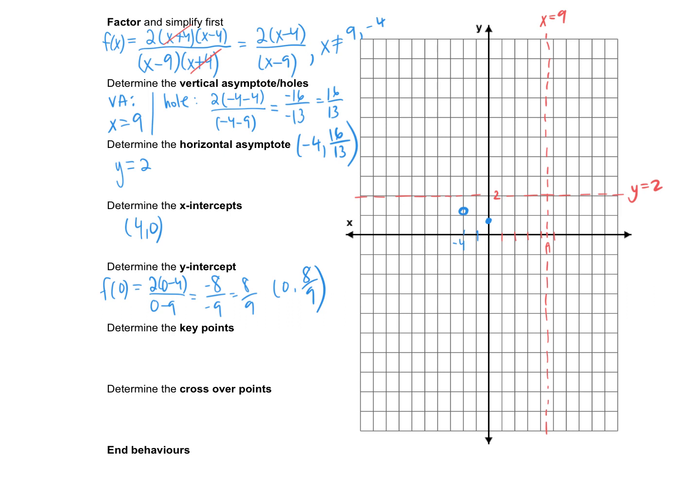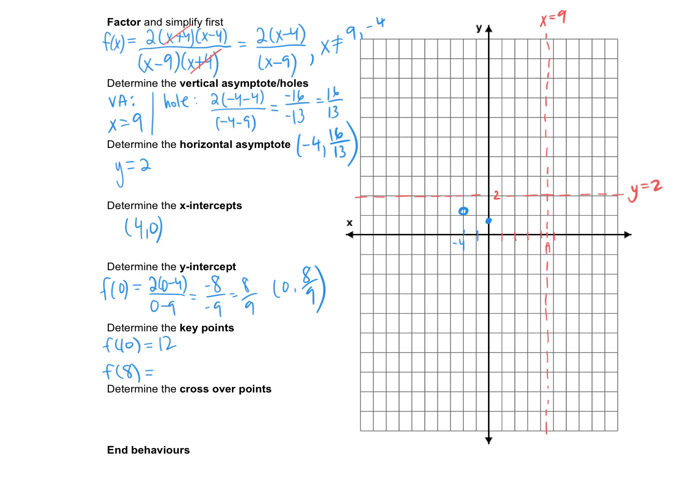Now our key points are going to be around our vertical asymptote. The vertical asymptote is at 9, so I'm just going to test the value at 10 and at 8. Again, just punching it into my simplified version. So I would have 2 times 10 minus 4 divided by 10 minus 9. I get 12.